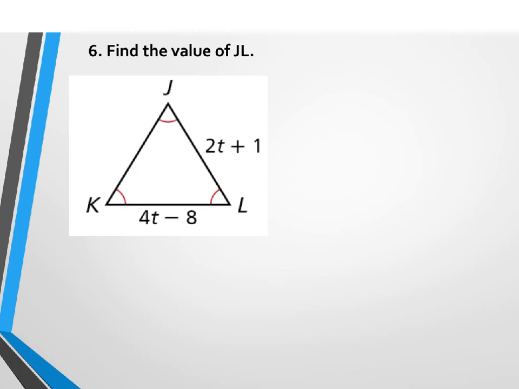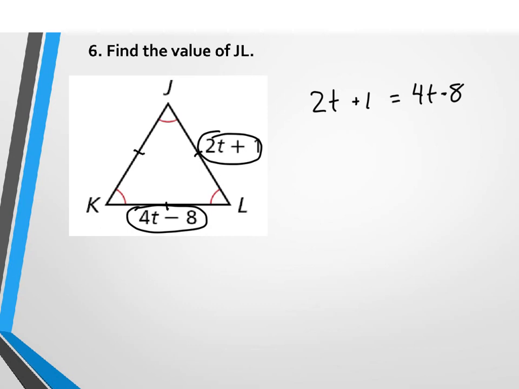Well, LJ and KL and KJ, they are all congruent because this is equiangular, therefore it's equilateral. Since these two sides are congruent, KL and LJ, we can say that 2t plus 1, that side, is equal to the other side, 4t minus 8.